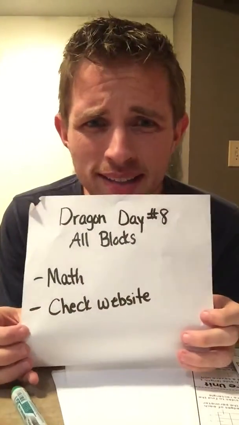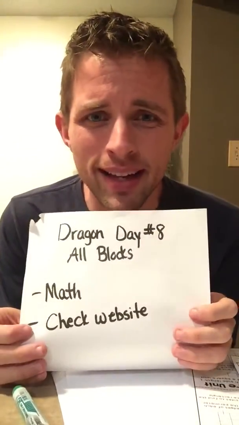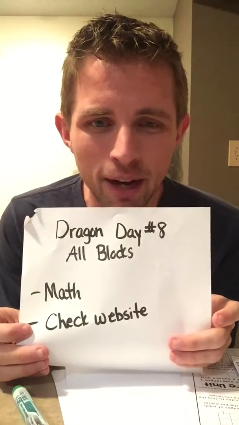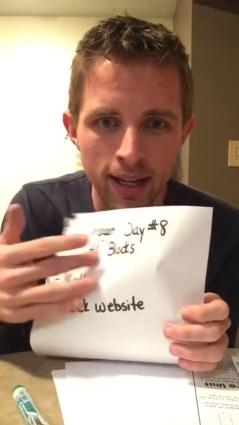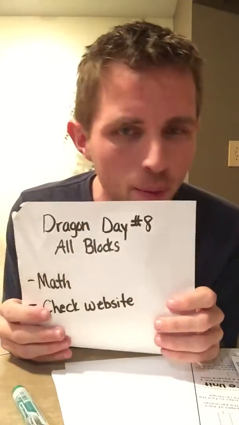The first thing I want you to get out is your Dragon Day 8 that says all blocks. This is not really an assignment. In fact, I kind of regret confusing you and putting it in a Dragon Day pack. It's not really an assignment as much as it is just a tool to help you.